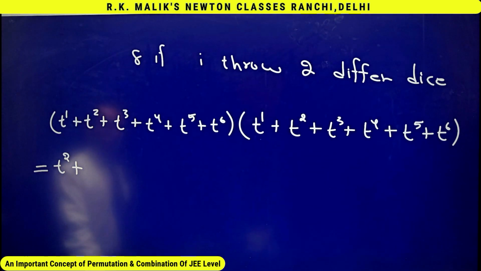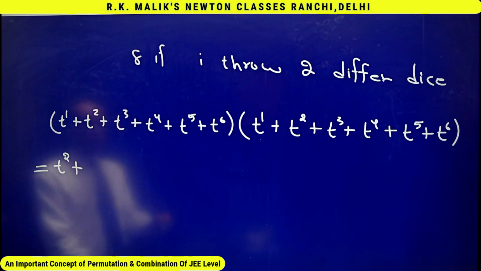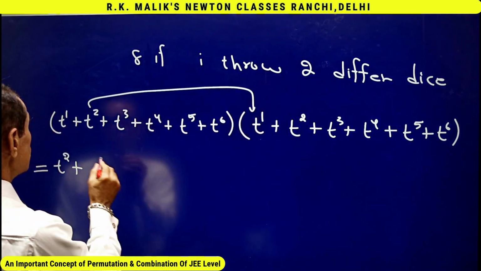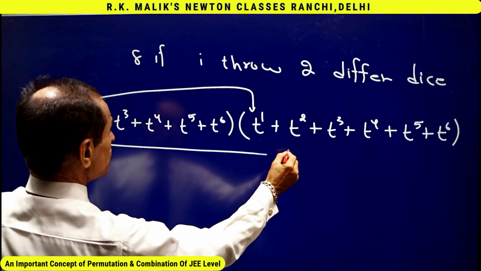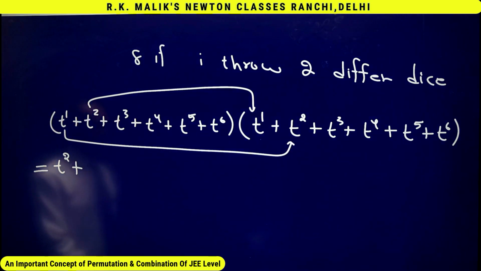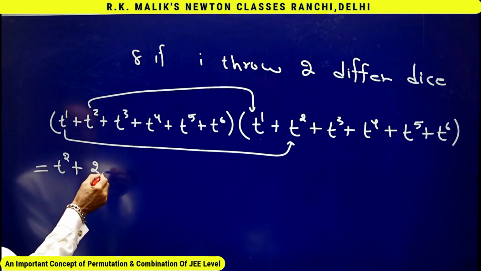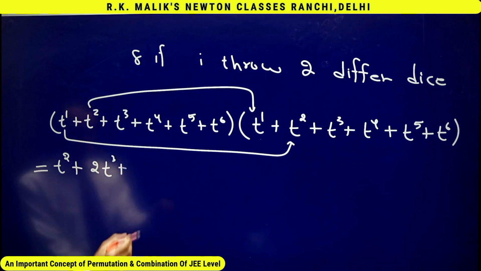But when I will have to write the term t to the power 3, t to the power 3 will be coming 2 times, because when this will be multiplied by this, or when this will be multiplied by this, t to the power 3 will come. That is, t to the power 3 will come 2 times. Therefore, 2 into t to the power 3 will be there.